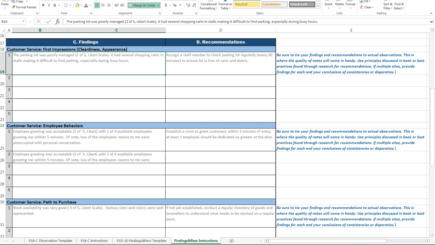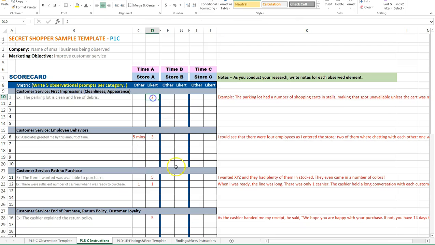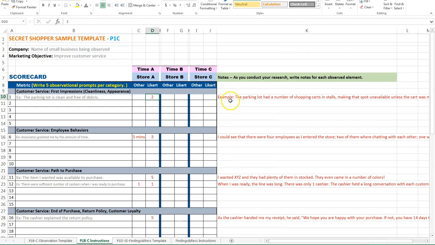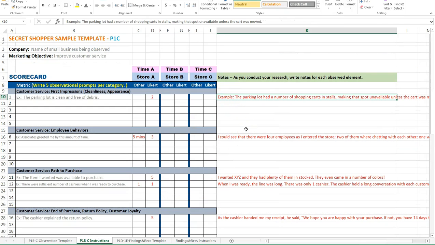So for example, here, the parking lot was poorly managed, right? And it was 2 out of 5 on the Likert scale. Remember, right here, I gave a 2. So now I'm going to say it was 2 out of 5 on the Likert scale. It had several shopping carts in stalls, making it difficult to find parking, especially during busy hours. And you'll find that's kind of what I said over here, right?